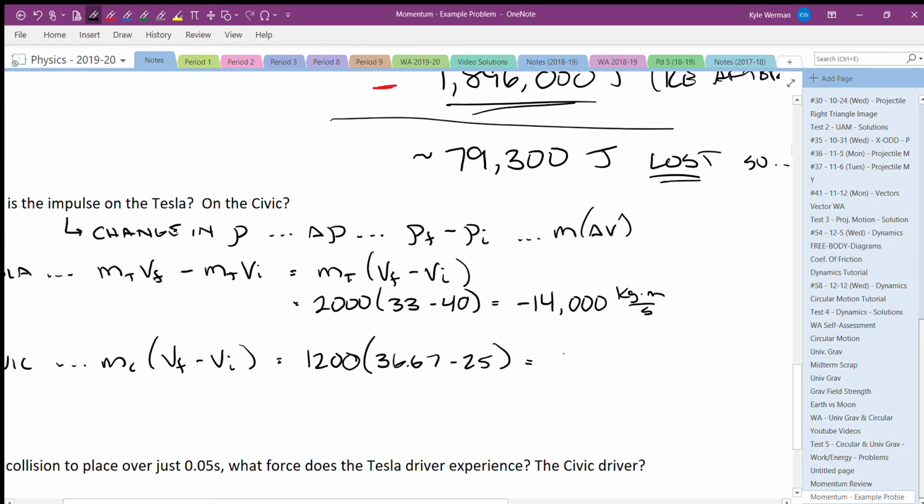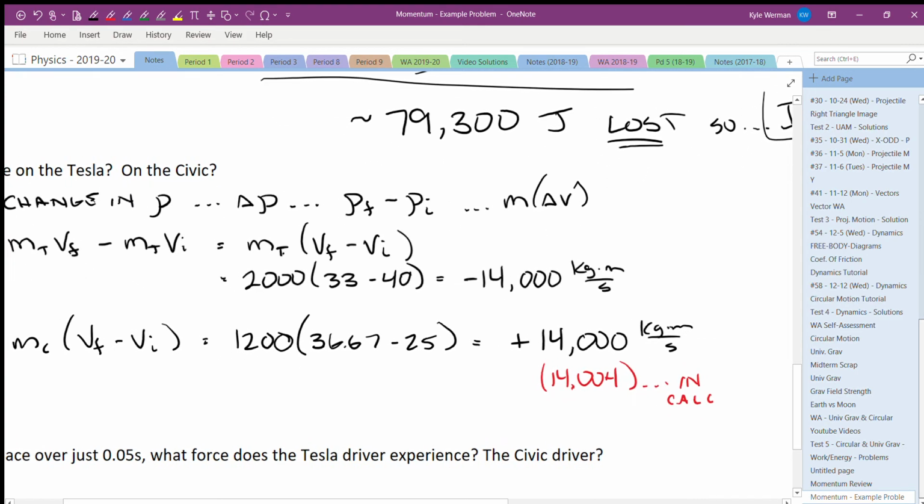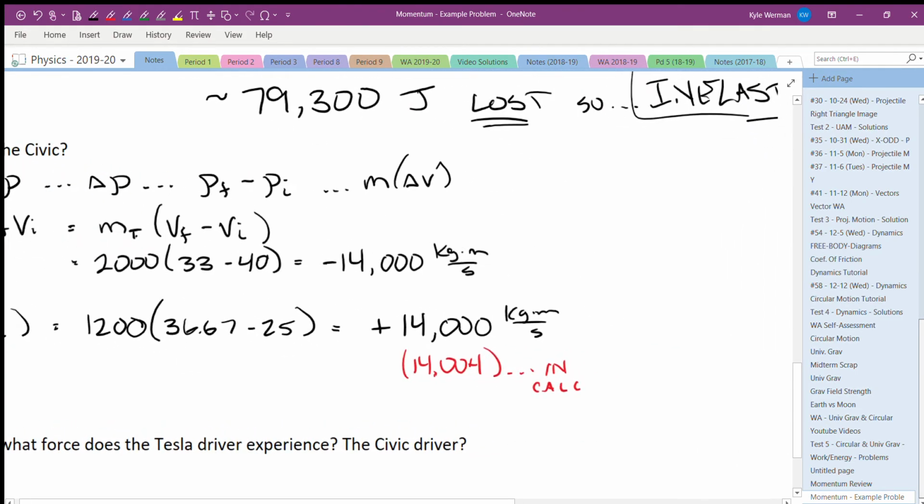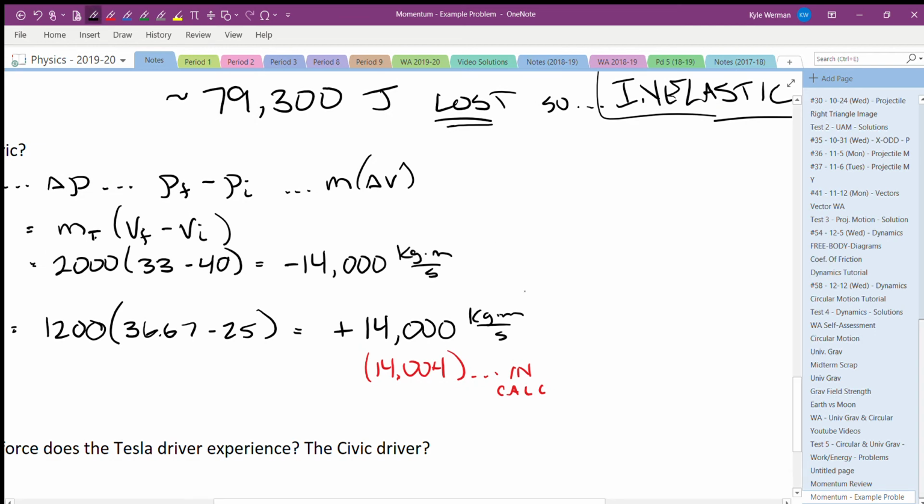I should get positive 14,000 kilogram meters per second. Now, in my calculator, if I type that in, 1,200 times 36.67 minus 25, I actually get 14,004 in my calculator. Now, why do I know that's wrong? Well, momentum is conserved, right? Conservation of momentum.